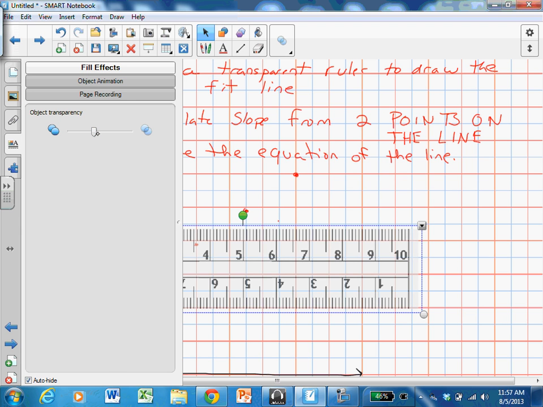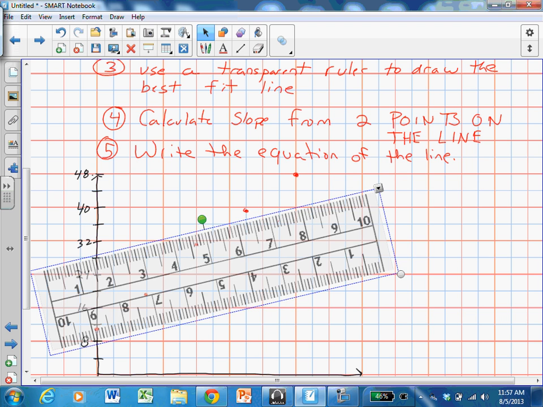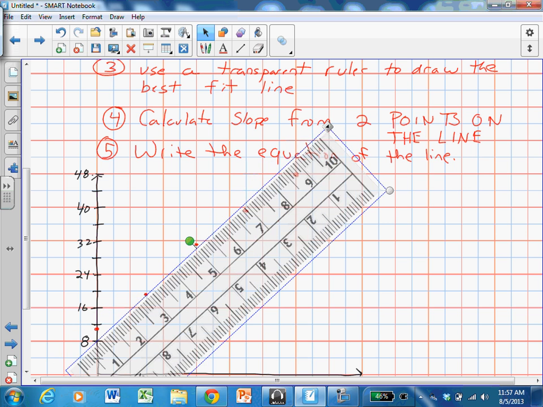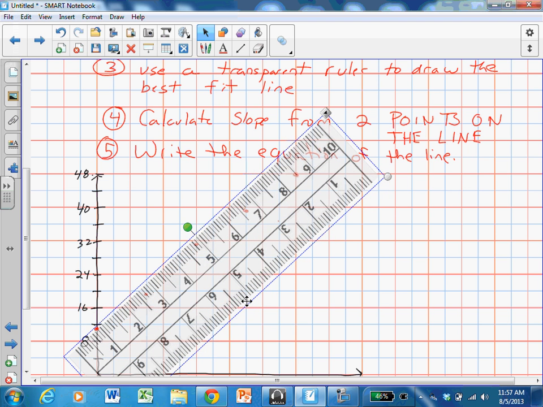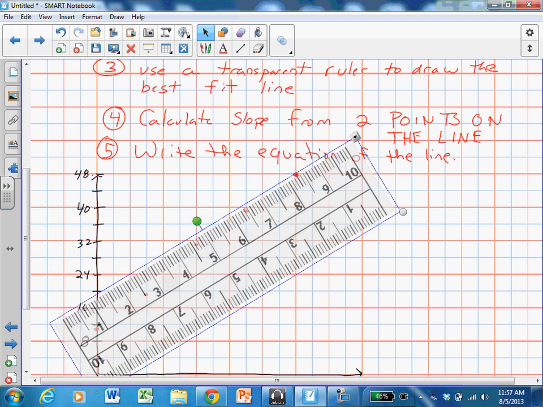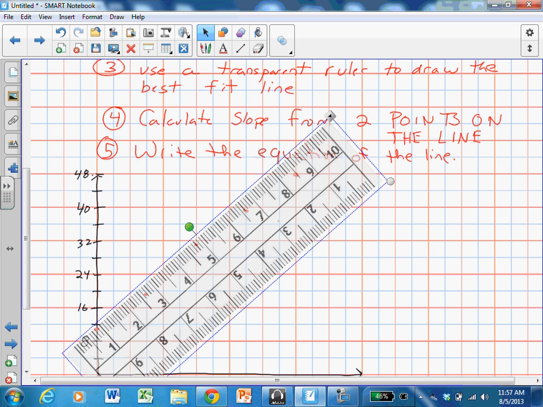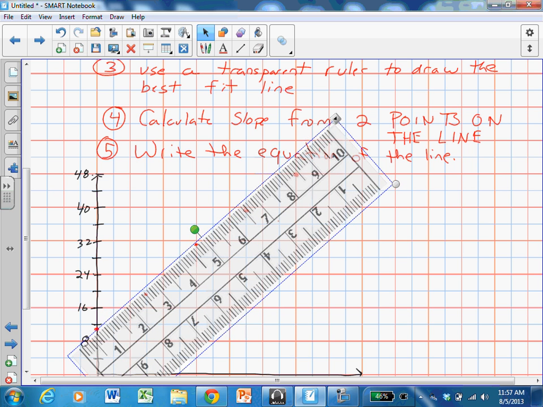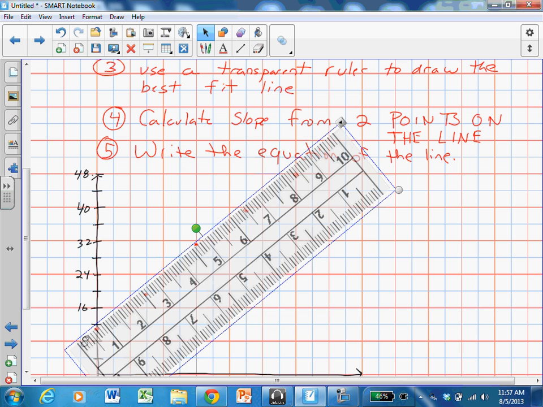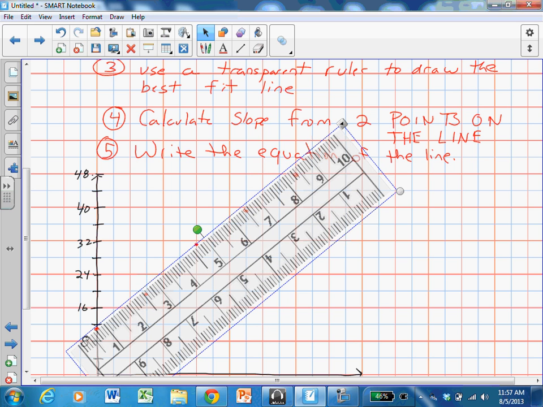And then I would take my ruler and get it so that most of the data falls through. A challenge to do on the smartboard, a little bit easier by hand. But anyways, so I can get an idea of how it goes through. That looks pretty close.